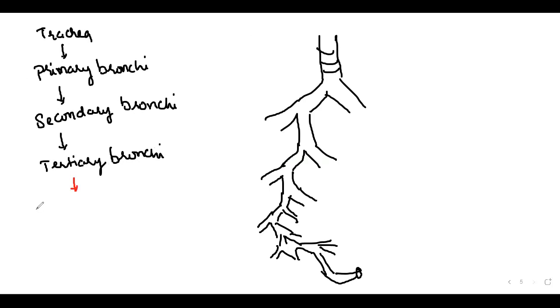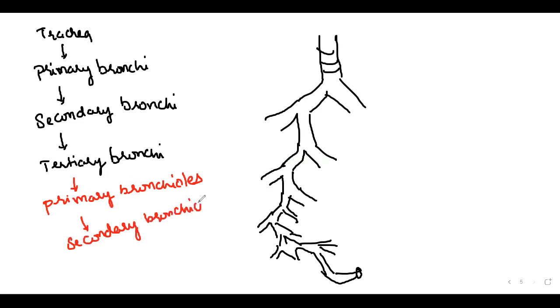Tertiary bronchi open into primary bronchioles. Primary bronchioles open into secondary bronchioles, secondary into tertiary bronchioles, and tertiary bronchioles open into terminal bronchioles.